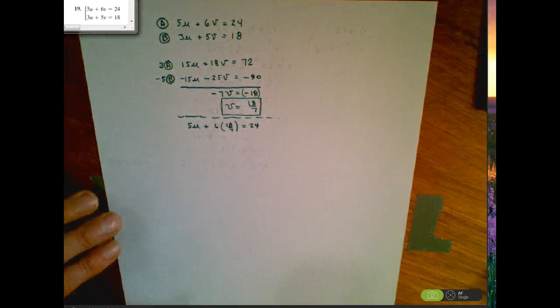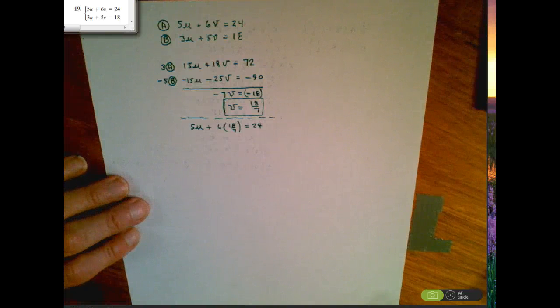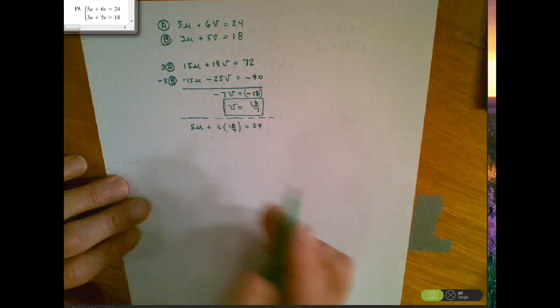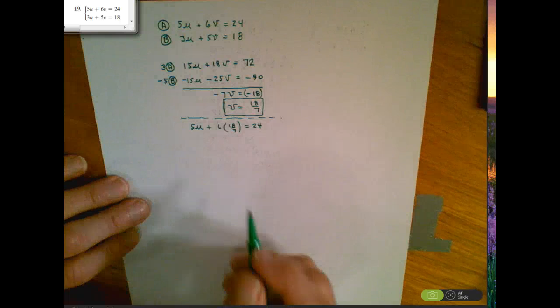I do like to get rid of the rational numbers, it makes them easier. We don't have to, but I think it's a prudent thing to do. Look for any reduction you can take, and if you can't find any, then just multiply both sides by 7.